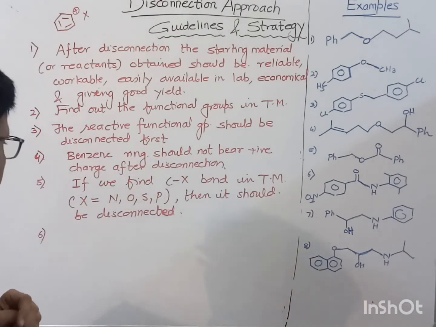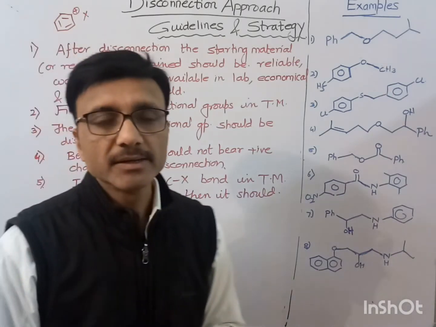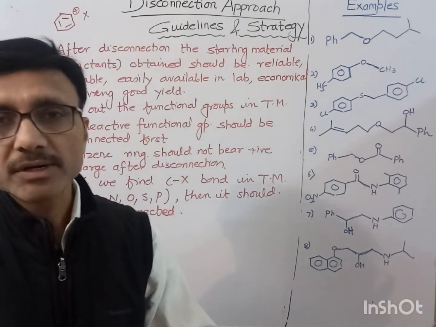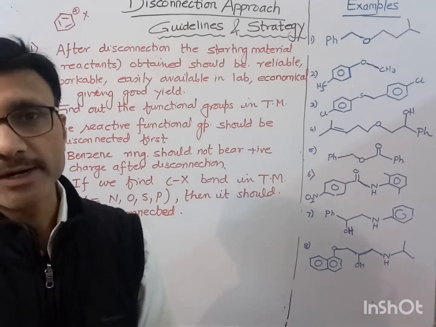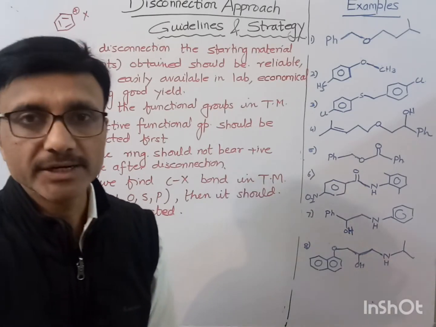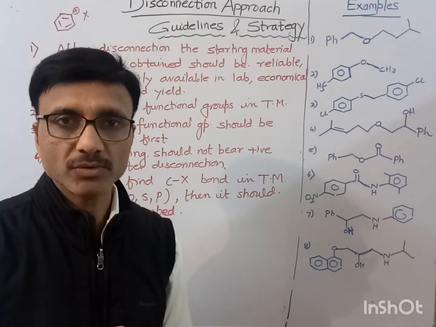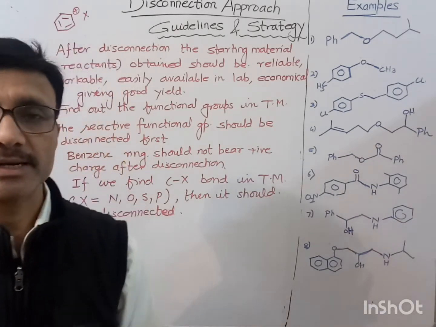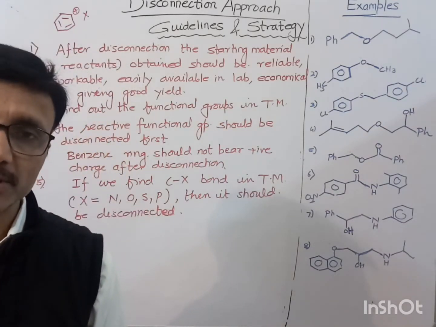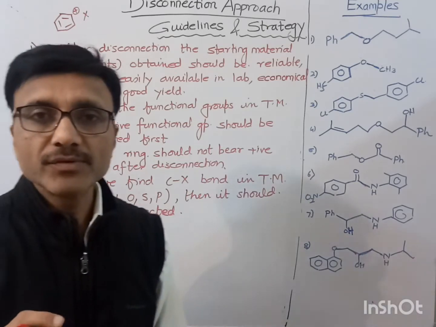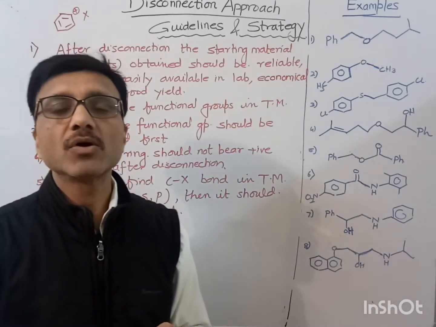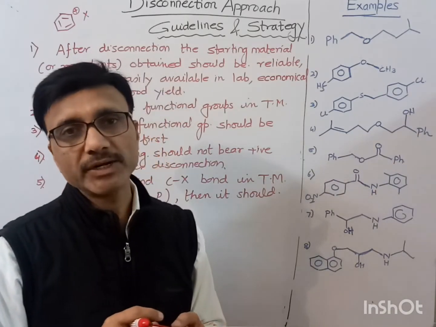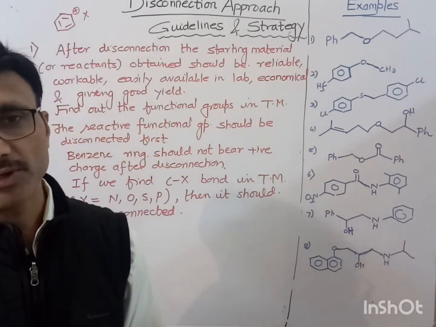Now, another guideline. Suppose after disconnection, the starting material that you get is less reactive than the target molecule, then that disconnection is not favorable. Or we can say the starting material should always be more reactive than the target molecule.